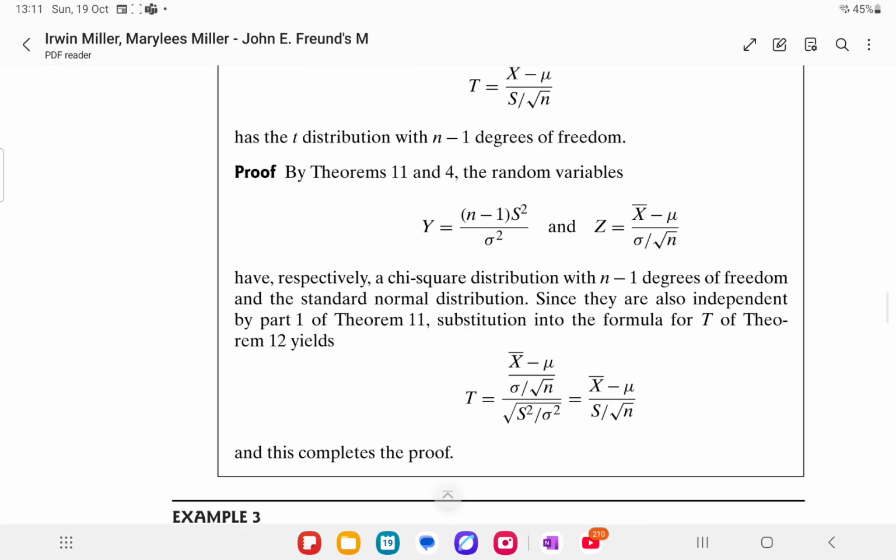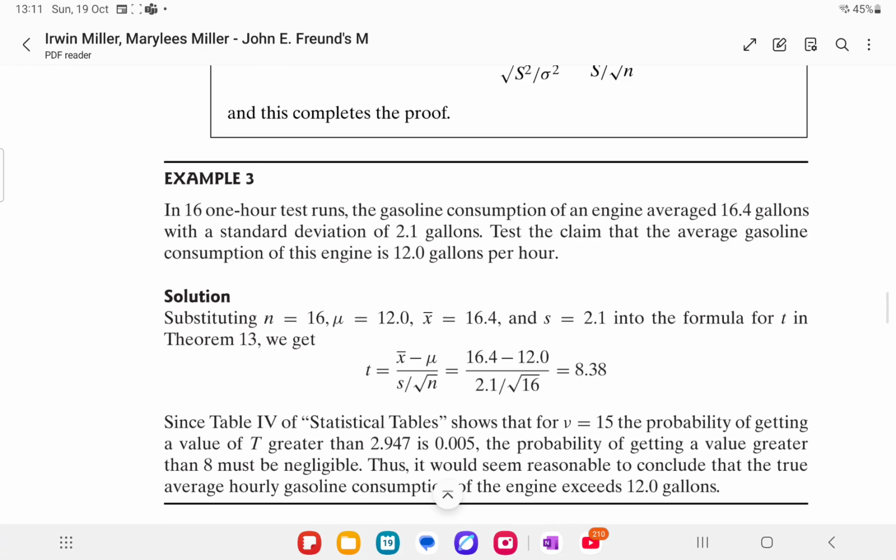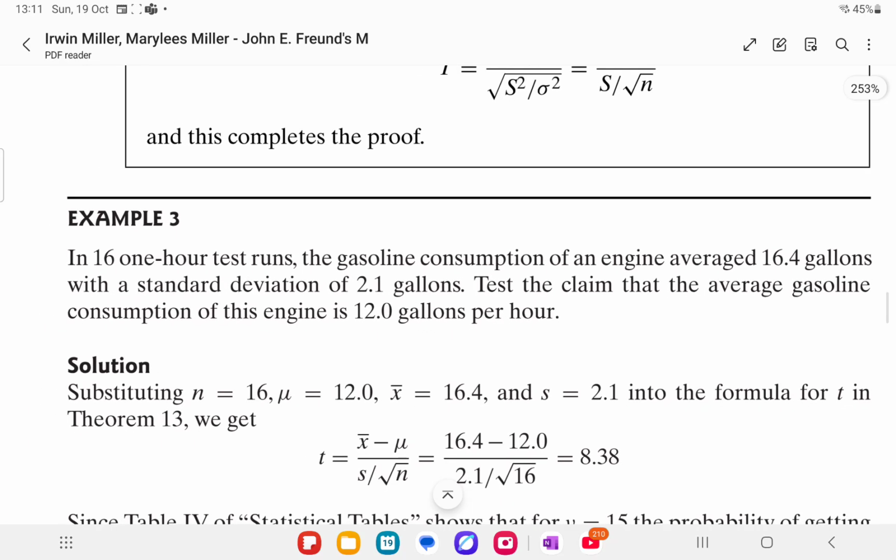Okay, so now we will move to solve a question. In question 16, example number 3, in 16 one-hour test runs, the gasoline consumption of an engine averaged 16.4 gallons with a standard deviation of 2.1. Test the claim. So now we're testing the claim. The claim always goes to the null hypothesis.